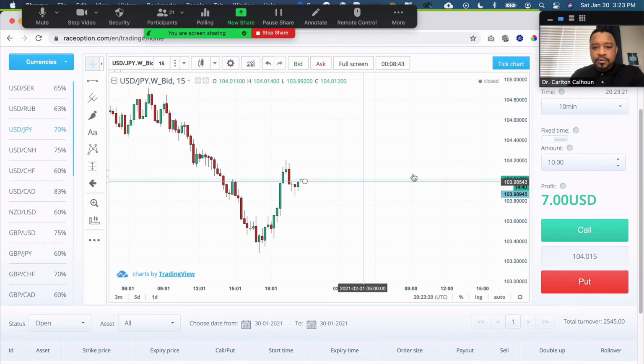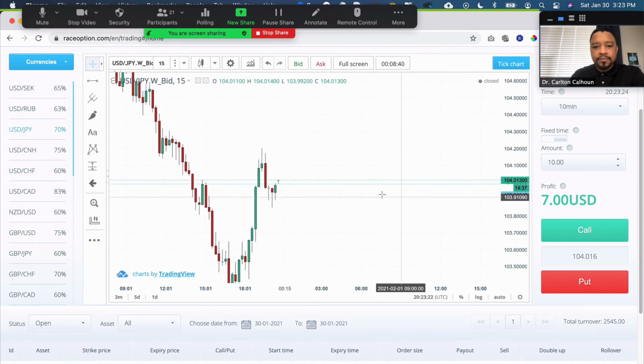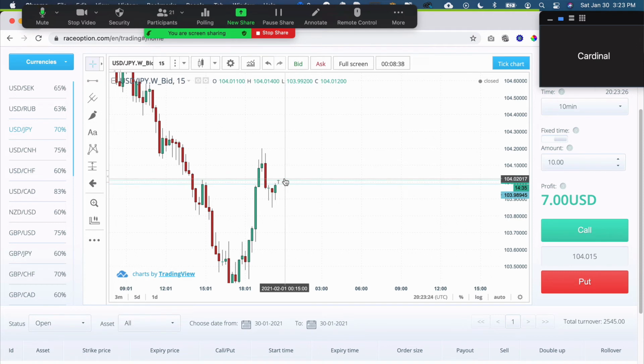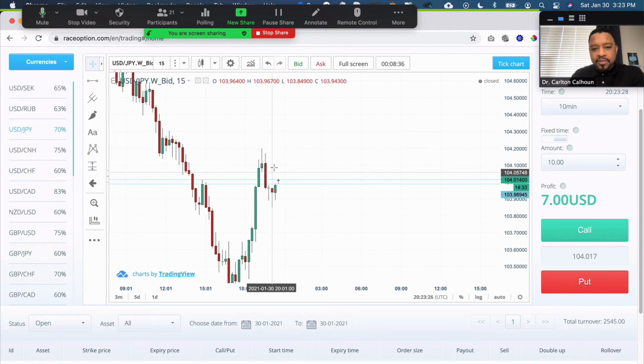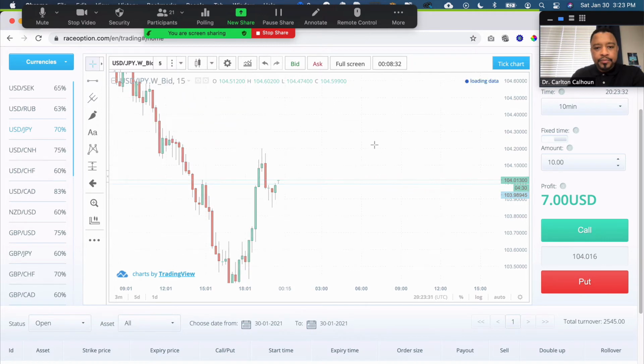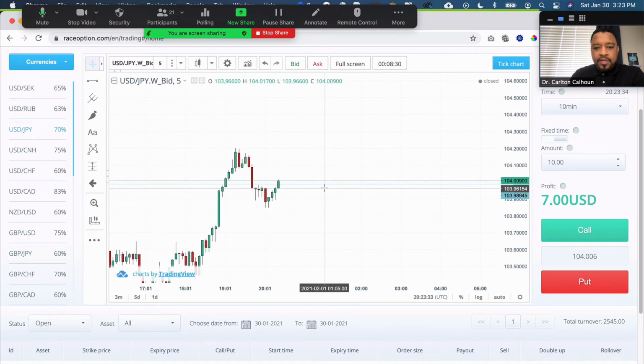Missed my entry. It's all good. But this is one of those where I believe it will come up to make up this space. And I missed my entry when I was putting the timer on. I wanted to get in right here.